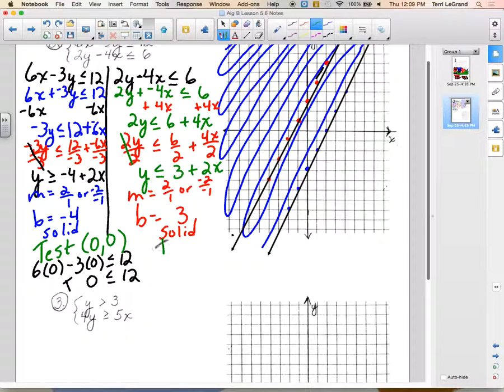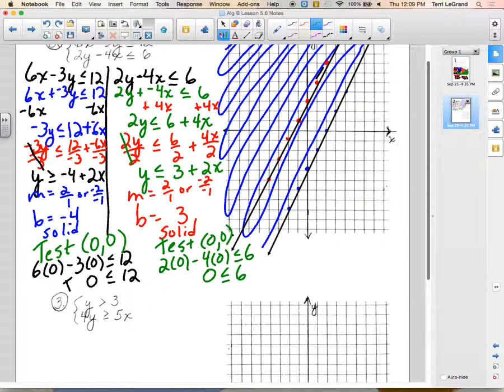We'll have 2 times 0 minus 4 times 0 is less than or equal to 6. That gives me 0 is less than or equal to 6. True or false? True.